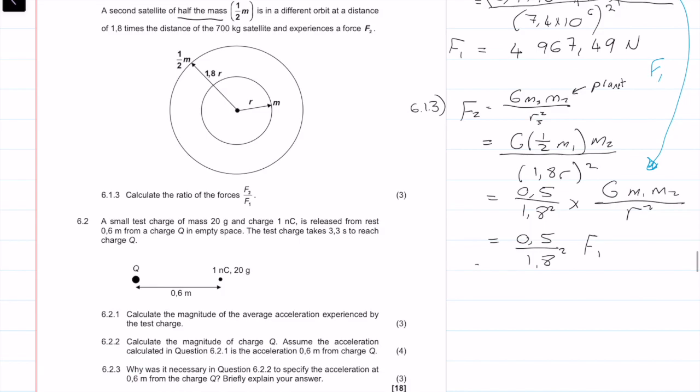So if we wanted F2 divided by F1, we just take 0.5 over 1.8 squared F1 over F1. These two cancel, and if we plug that into our calculator, we get a value of 0.15. So the ratio of F2 to F1 is equal to 0.15. And we get 3 marks for that.